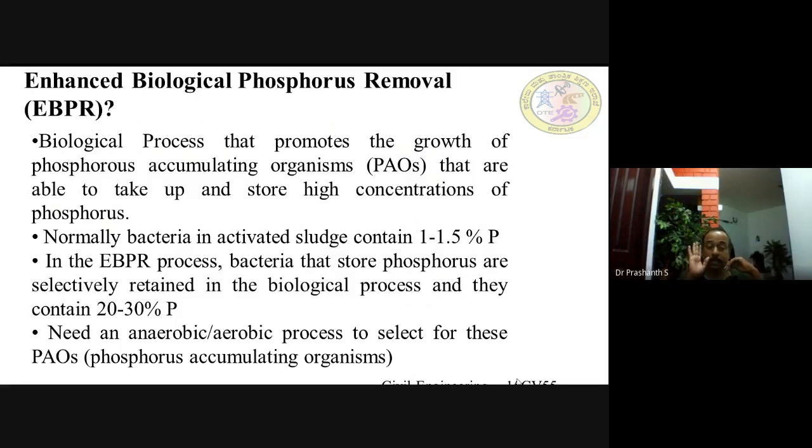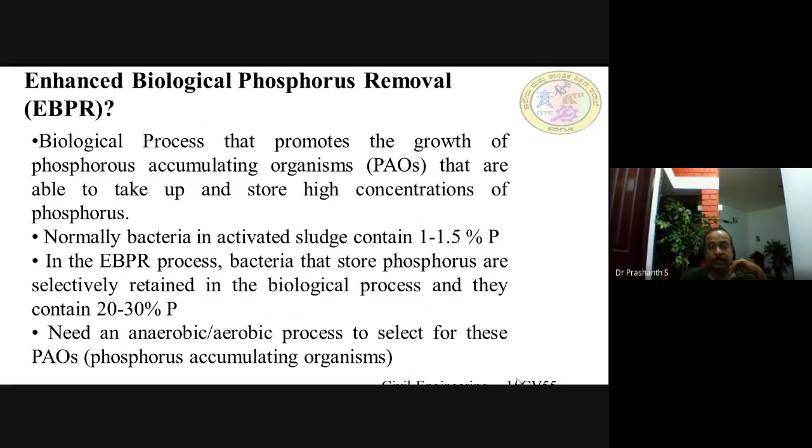This is not a chemical process, it is a biochemical or biological process that happens in the presence of microorganisms. It is a biological process that promotes the growth of phosphorus accumulating organisms that are able to take up and store a high concentration of phosphorus.